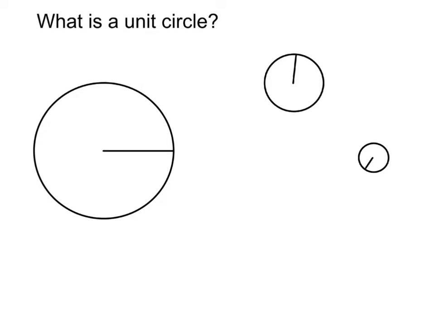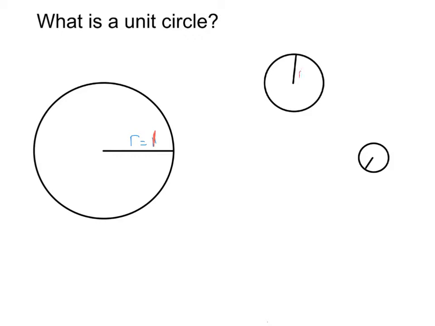So we've kind of talked about circles, right? We talked about a circle with a radius of 1. So here's the radius on this circle, and it is 1. And notice that I did not put 1 inch, 1 centimeter, 1 whatever unit. I just said 1 unit. Okay?